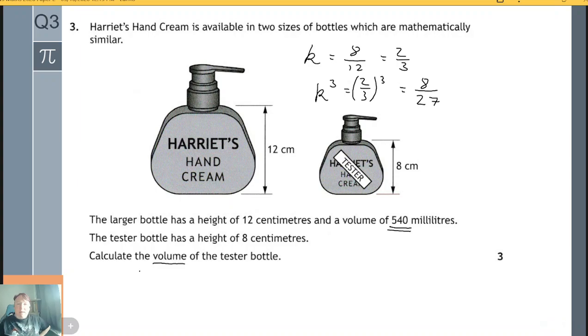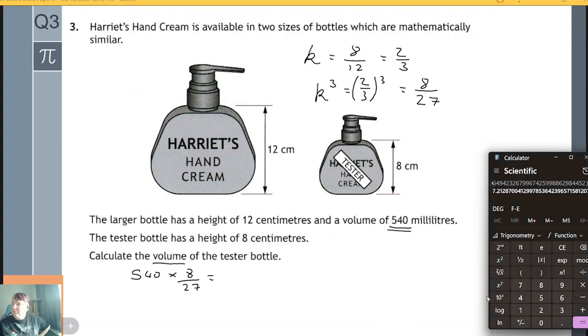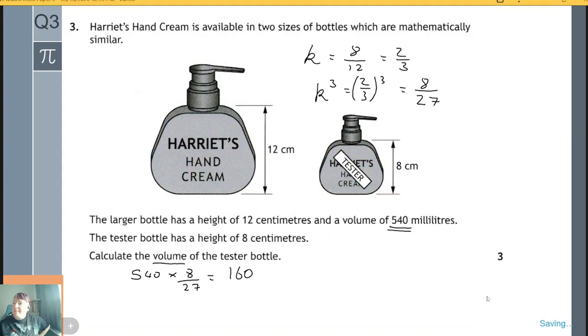So we're going to put in 540 times 8 over 27, and that will give us our volume. Times 8 divided by 27, 160. So it's 160 millilitres. Remember, cubic centimetres is millilitres.